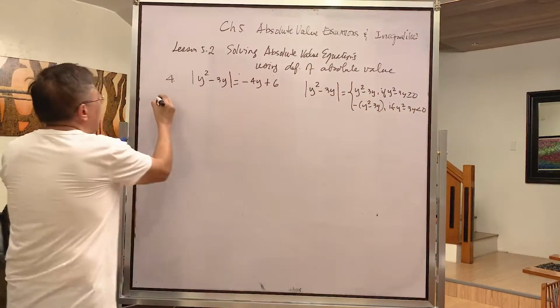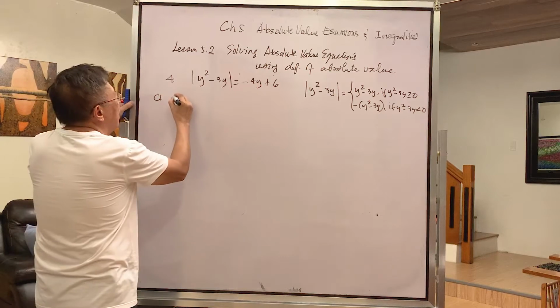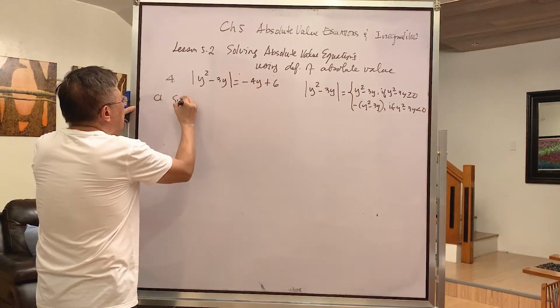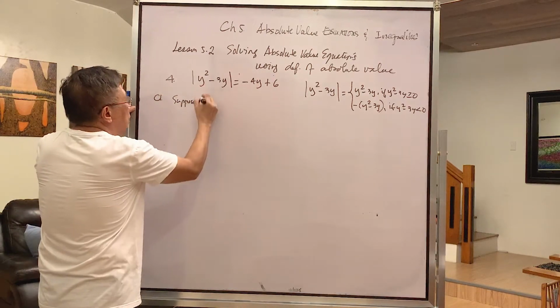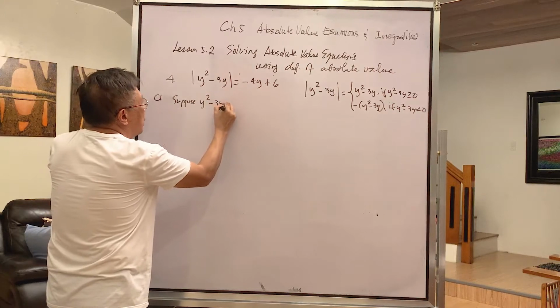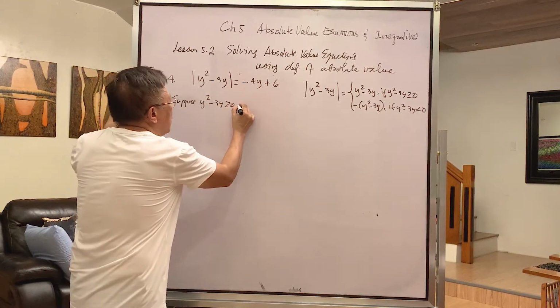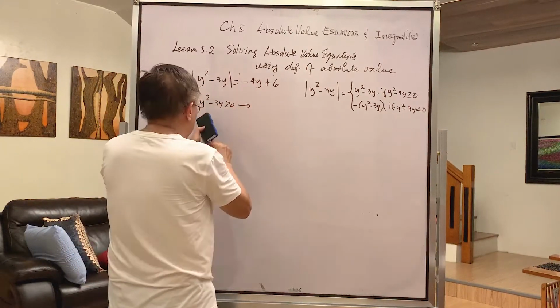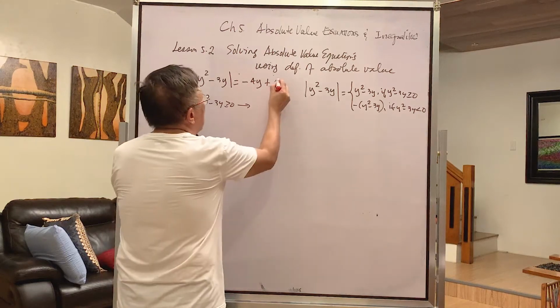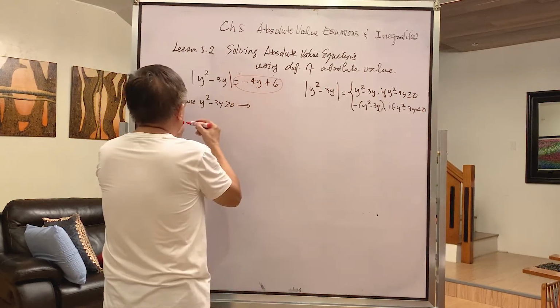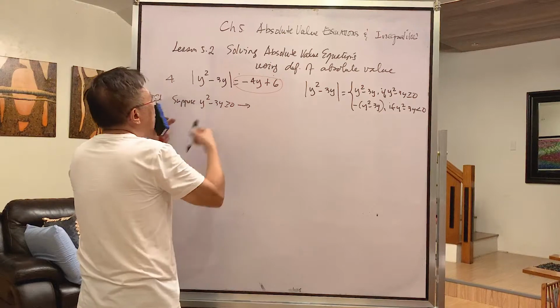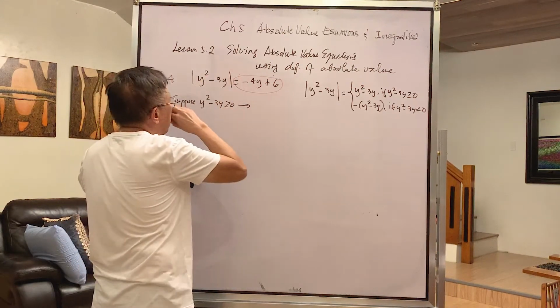Okay? So, case 1 here will be, suppose this is positive, y squared minus 3y greater than or equal to 0. Again, I'm saying that this one will not be touched. It's only this one that we will be rewriting.